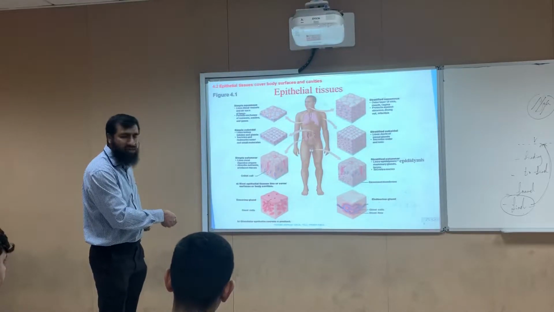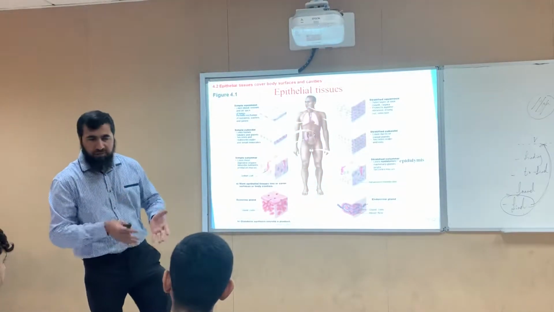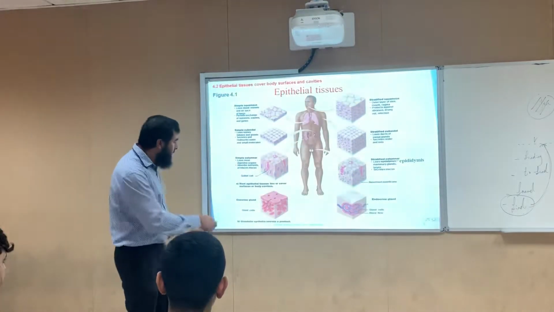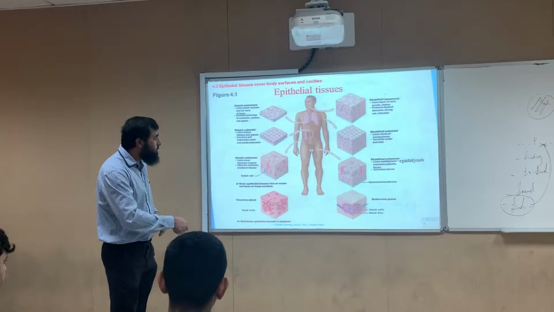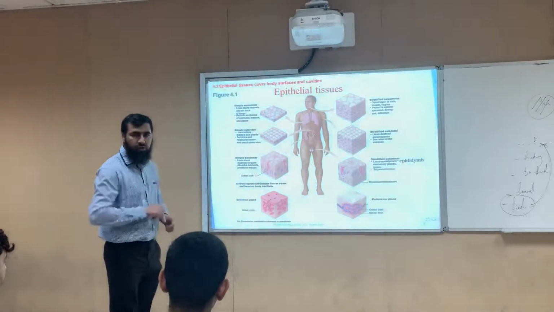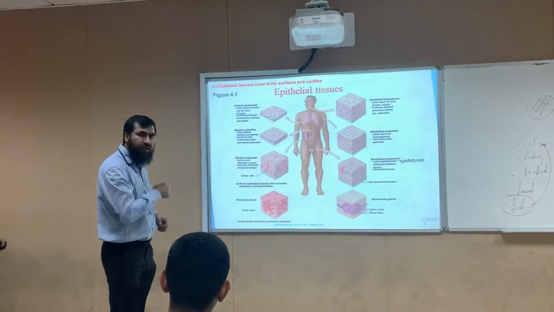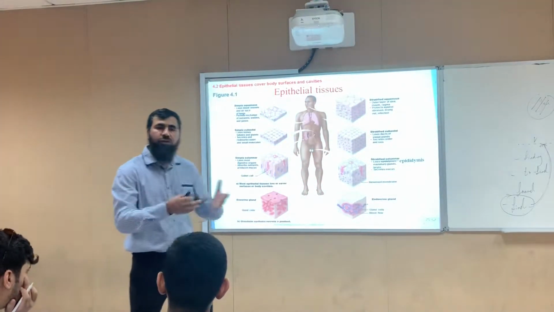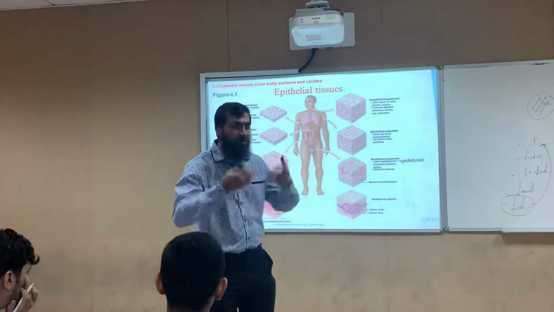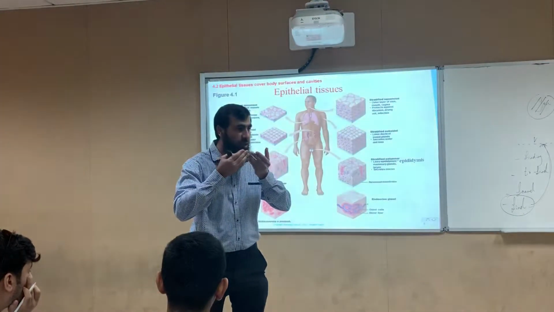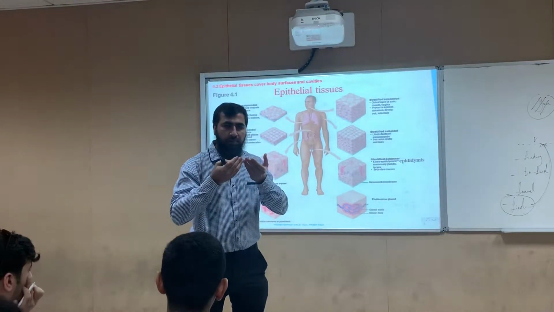So exocrine is on the surface or in a cavity. Okay. Please repeat what you just said. So epithelial tissue can form exocrine glands or endocrine glands. Exocrine glands release their content onto a surface or into a cavity. We have many exocrine glands, like the salivary glands. They produce saliva and release it into your mouth.